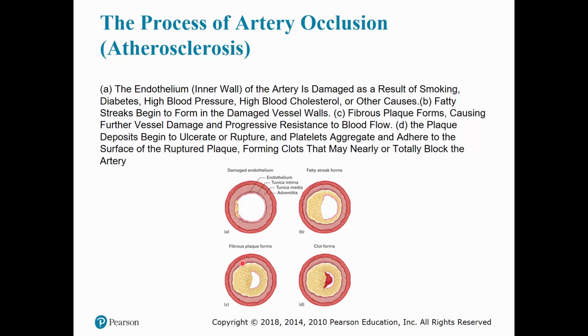Once that gets to a point, you have fibrous plaque that forms, causing further vessel damage and causing resistance to blood flow. And then eventually plaque deposits begin to ulcerate or rupture, and that causes platelets to aggregate and adhere to the surface of the ruptured plaque, thus causing clots that may nearly or totally block the passage of the artery.